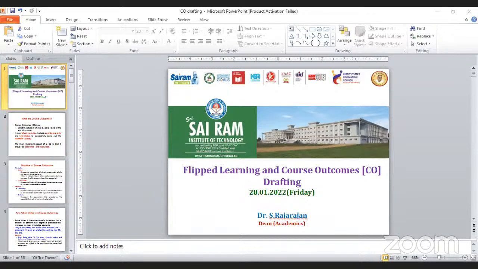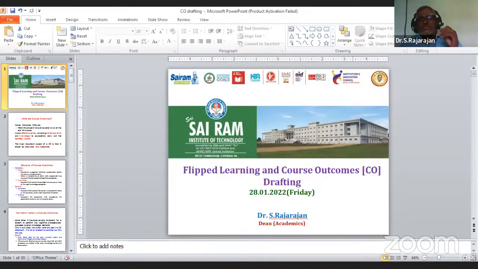This is what we have to understand. So action and knowledge are the main, mandatory parameters, and the optional parameters are condition and criteria. For each and every course outcome, we should have these 4 parameters. We can see them one by one.